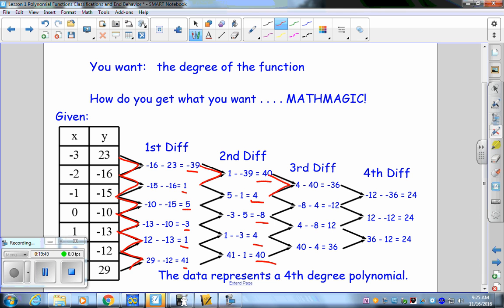And you keep doing that until you get them all the same. So you see how in this last row they're all 24s? So you count how many times you went through and did that. 1, 2, 3, 4. So since it took me 4 times to get the same differences, it's an x to the 4th. Okay? Nothing to worry about too much, just kind of a little trick to know about.